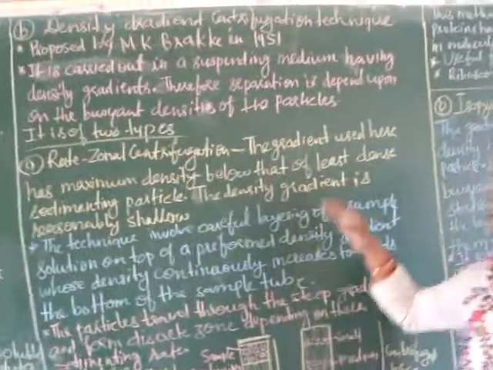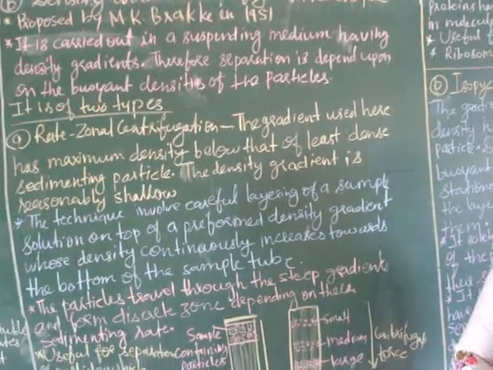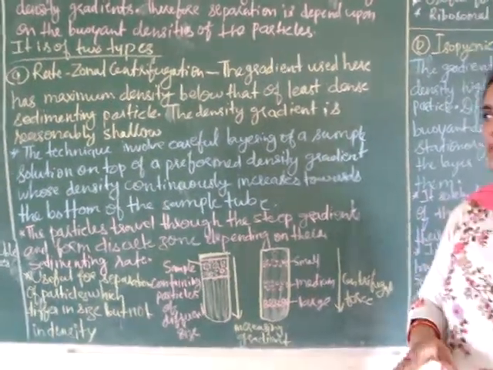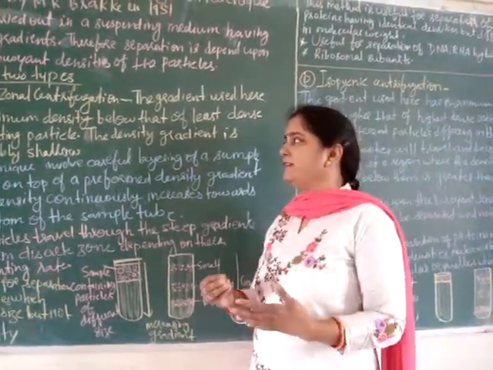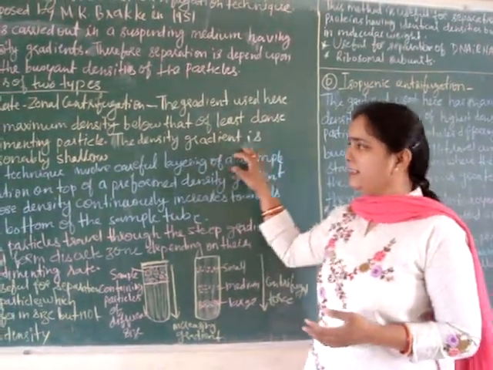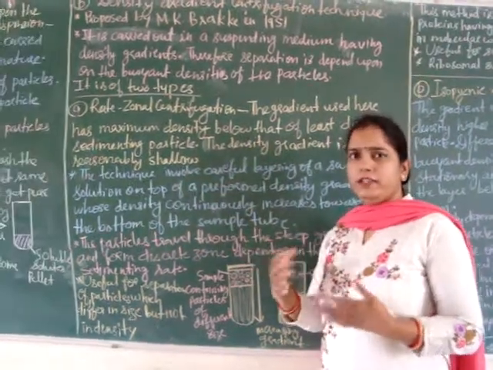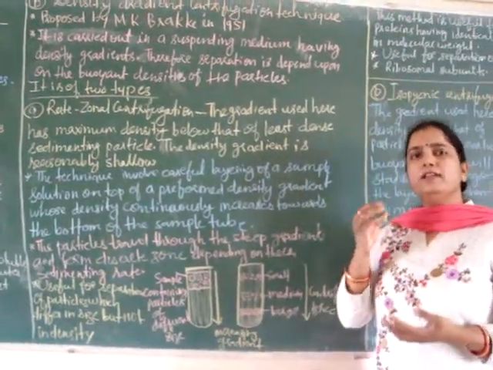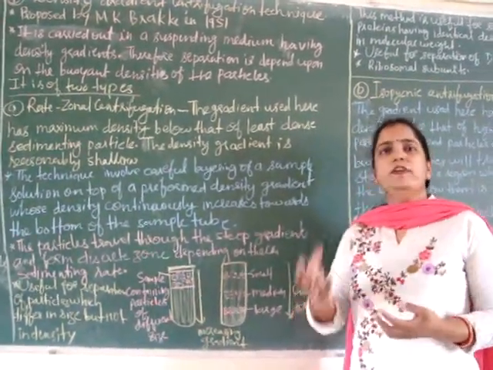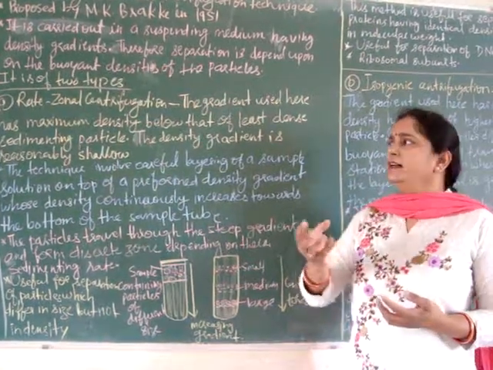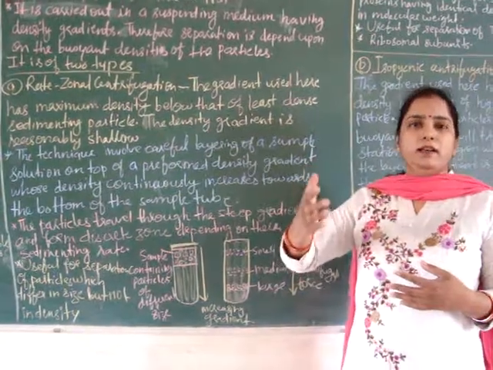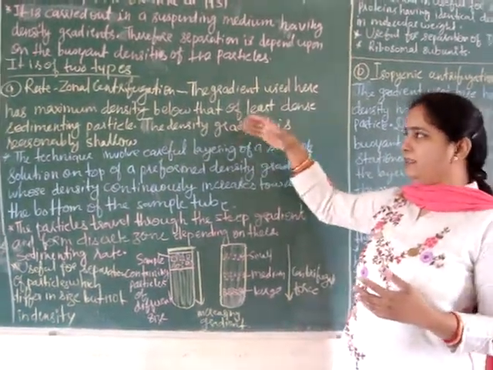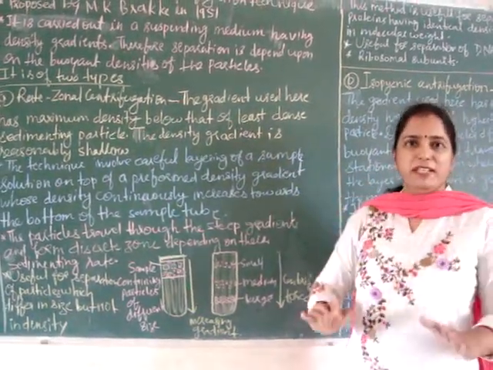In the rate zonal centrifugation technique, the gradient which we use has maximum density below that of the least dense particles. The density gradient is reasonably shallow because no particle will reach the bottom of the centrifuge tube, since their density is higher than the gradient material.